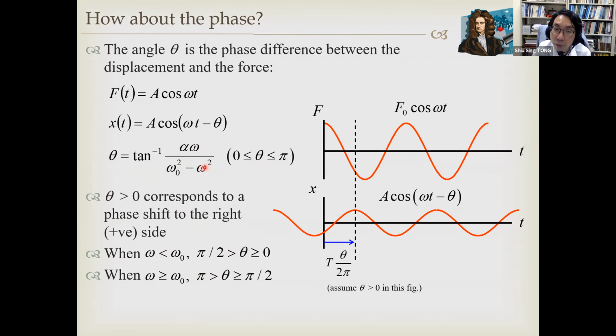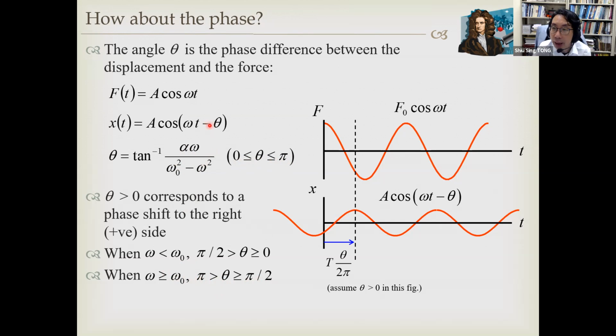On the other hand, if omega is larger than omega naught, larger than the resonance frequency, then this becomes negative. And since we define the range of theta from 0 to pi, then theta will be larger than pi over 2. Okay, theta will be between pi over 2 and pi.